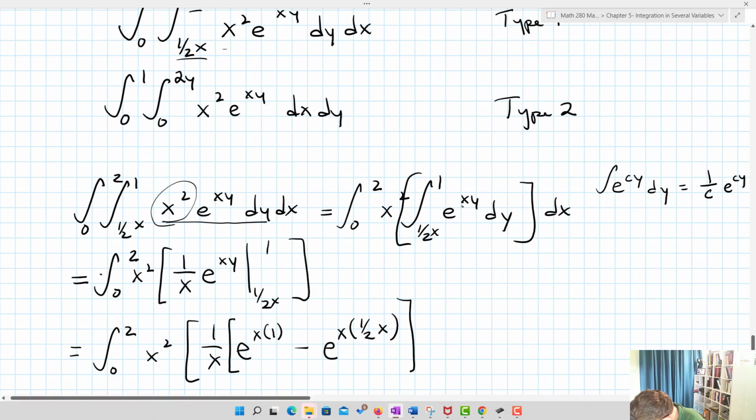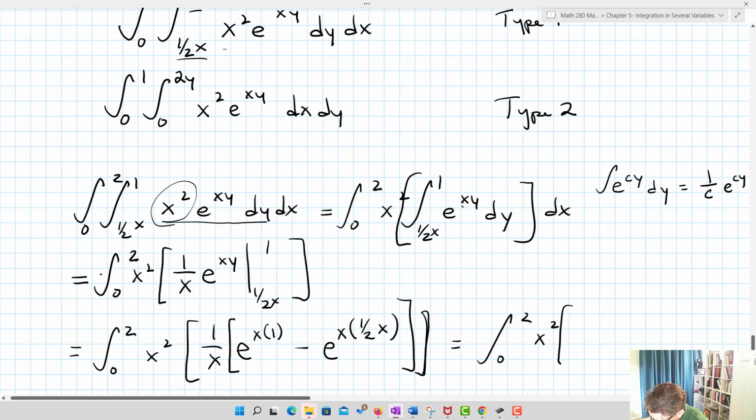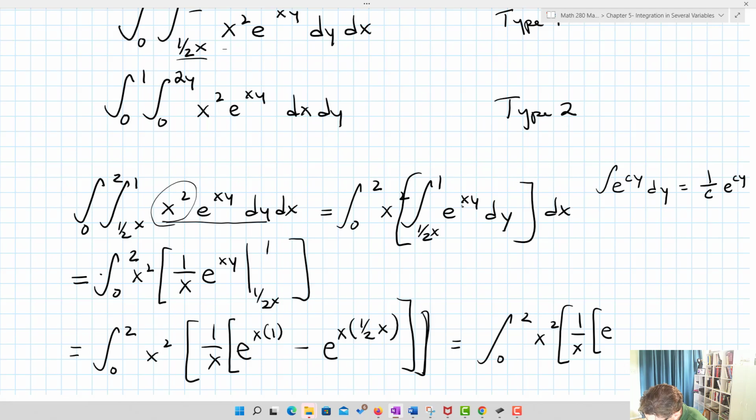And so that's one of the differences there, is we're actually plugging in functions here. So this ends up being the integral from 0 to 2, x squared times 1 over x, and then this is e to the x minus e to the 1/2 x squared, dx.